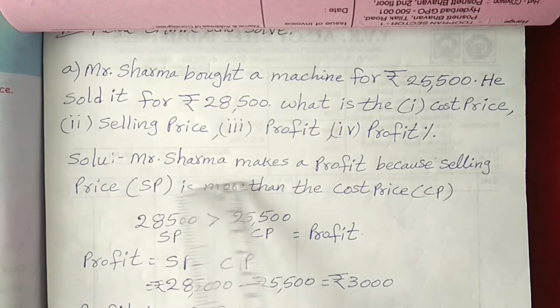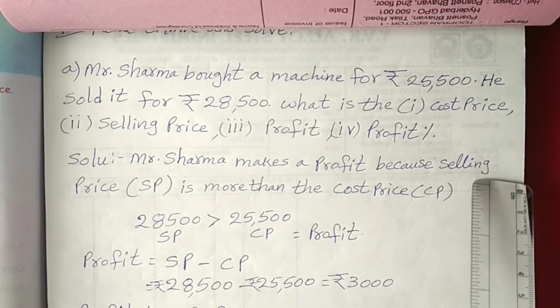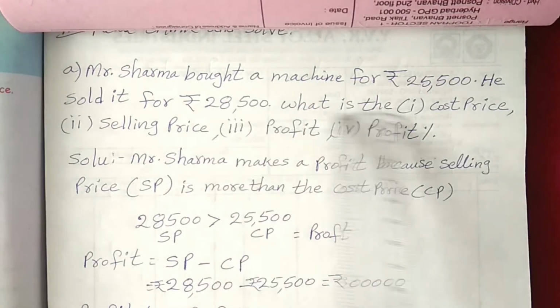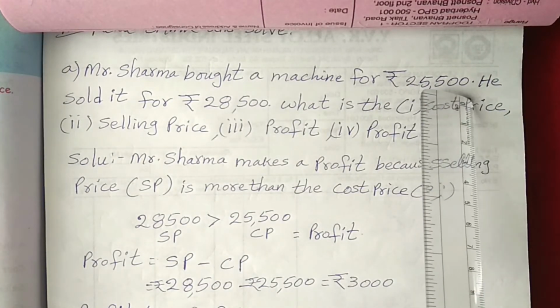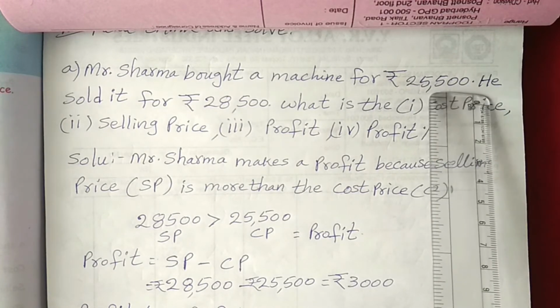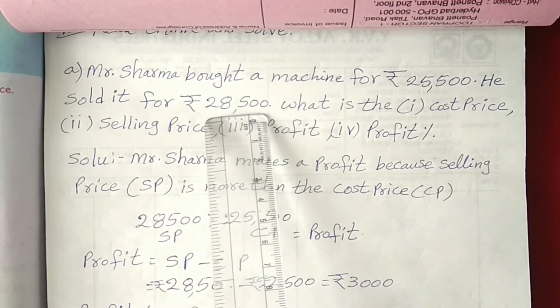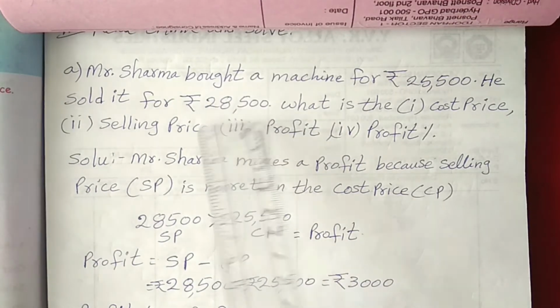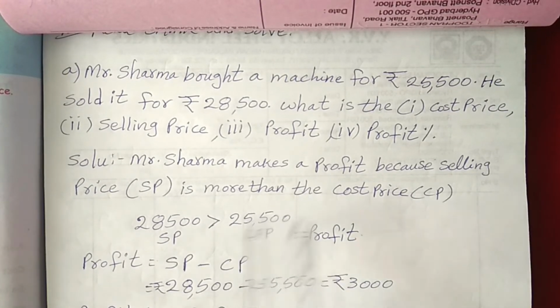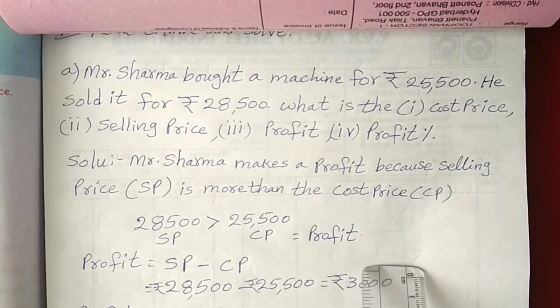See, Mr. Sharma makes a profit because selling price is more than the cost price, right? Cost price is here 25,500, selling price is here 28,500. So selling price is greater than cost price, then it leads to the profit, right?